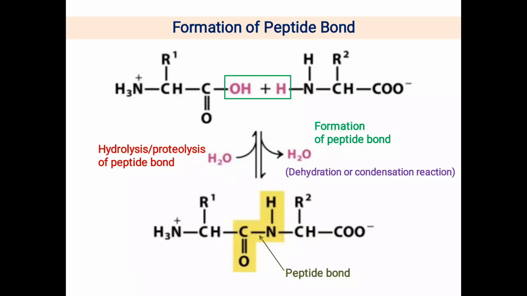Now the question arises how the peptide bond is formed, or how these amino and carboxyl groups are involved in the formation of a particular polypeptide chain. So the peptide bond is formed by removal of the elements of water from the alpha carboxyl group of one amino acid and from the alpha amino group of another amino acid molecule.